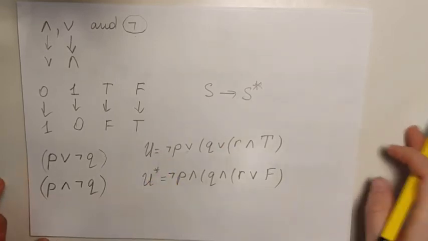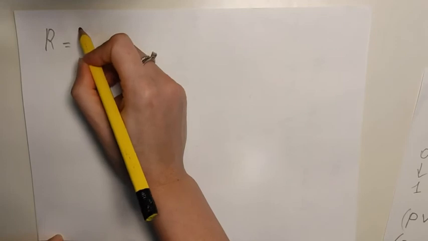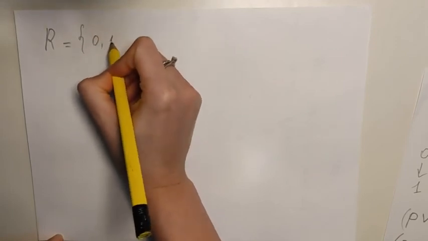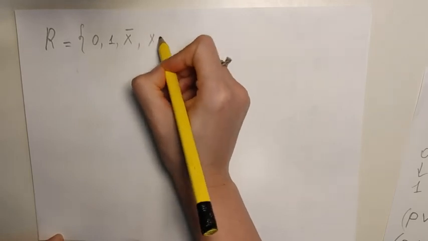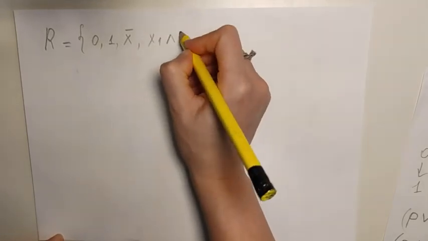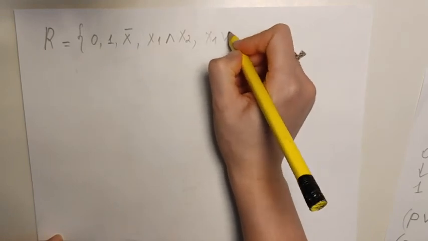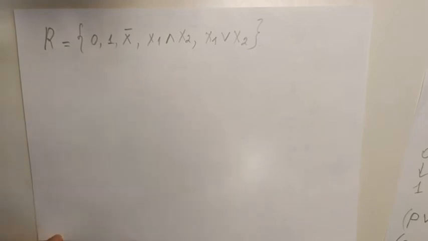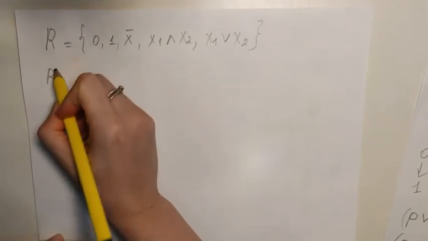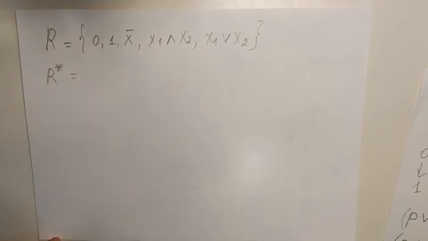Next example, let R be 0, 1, x negation, x1 and x2, x1 or x2. So we need to find the dual of R, and let's denote it by R prime.